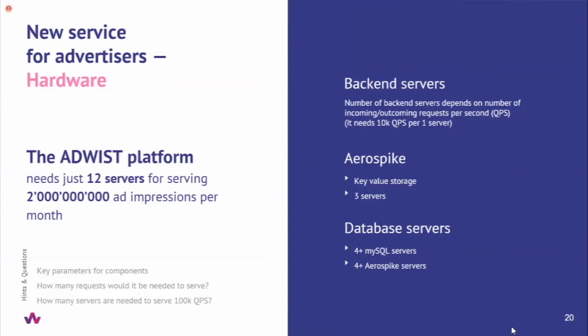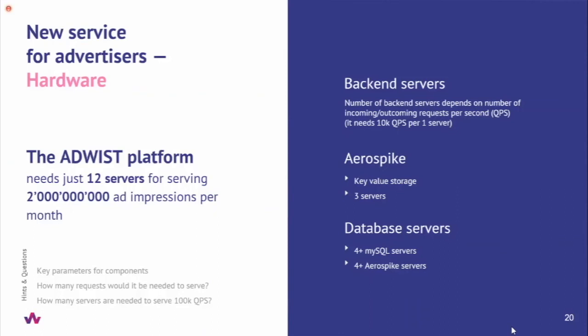And of course, you need some specific hardware for running these digital services. So I can tell you some information based on using the AdWiz platform. If you have the AdWiz platform, you need just about 12 servers for serving 2 billion ad impressions per month.